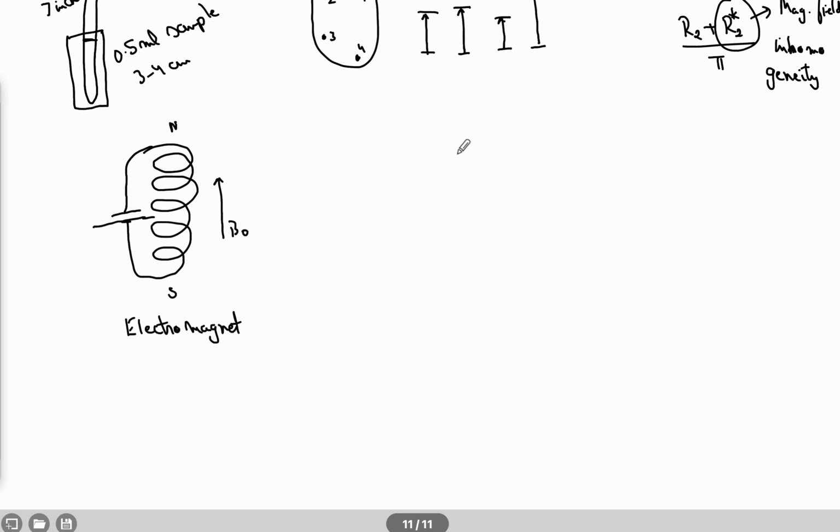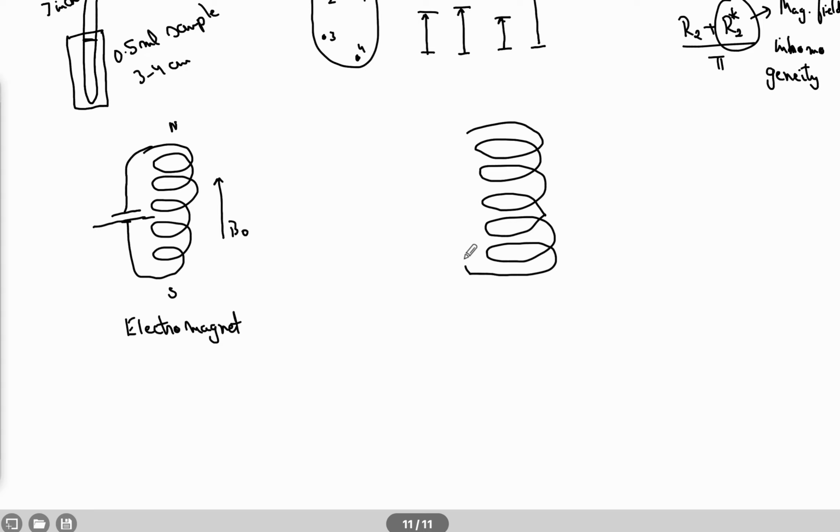So then what you do is you move to something called a superconducting coil. What is a superconducting coil? It is made up of a special alloy. I'm trying to make a similar one. Here you don't have any electrical source. This is made up of an antimony niobium alloy.